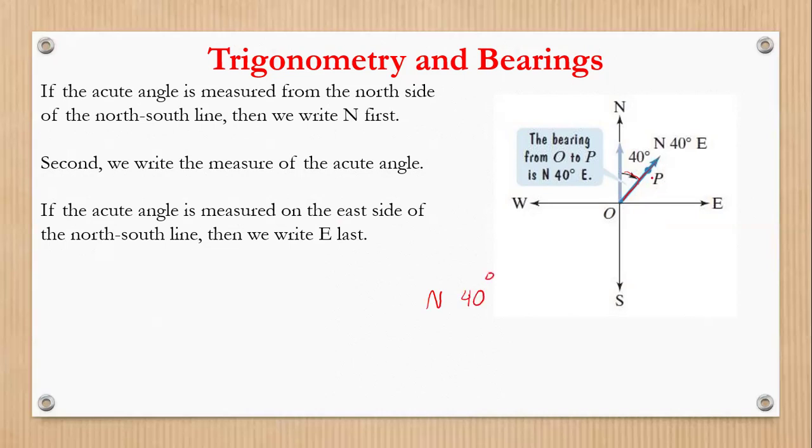And since the ray OP is on the east side of this line, we put E here. So that's the bearing of that ray OP. I just want you to know this bearing, because some problems talk about bearings, and you need to know what a bearing means.